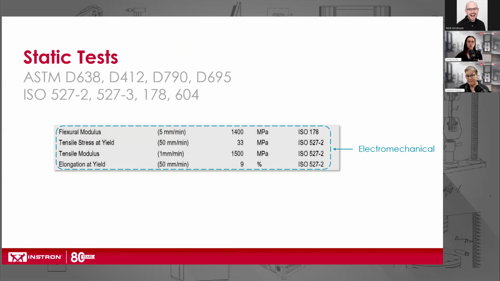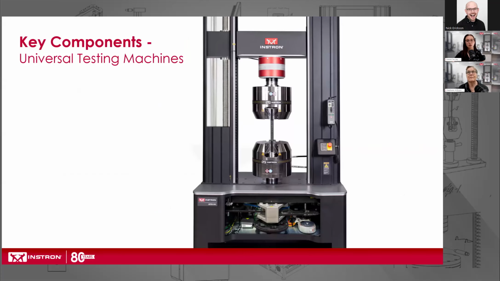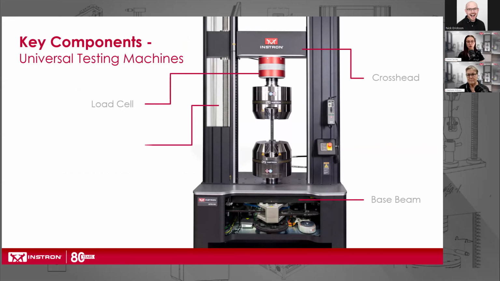Going into the next row of the data sheet, we will talk about the static testing requirements. For the static testing requirements, a universal testing machine is required. It's an electromechanical testing system that is used to mainly test material in tension and compression.